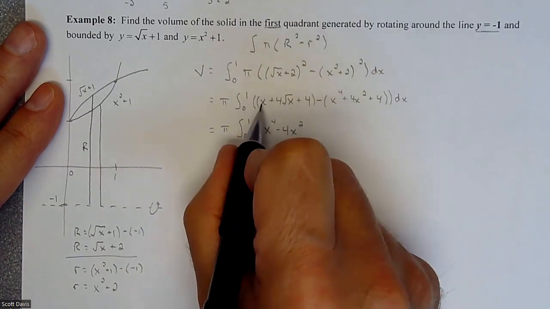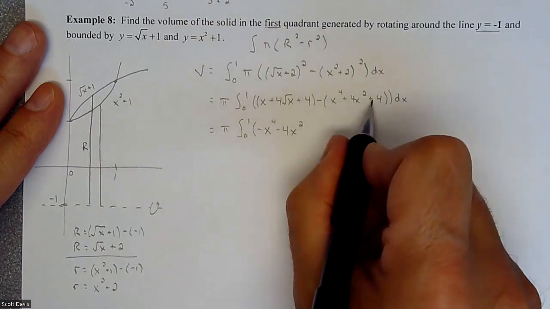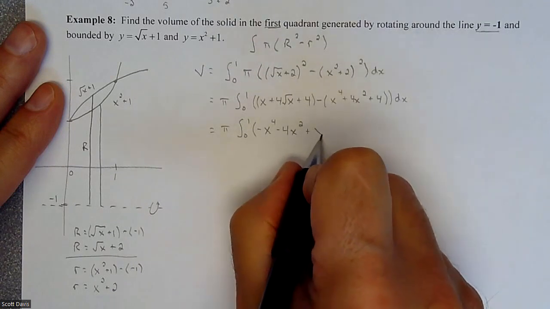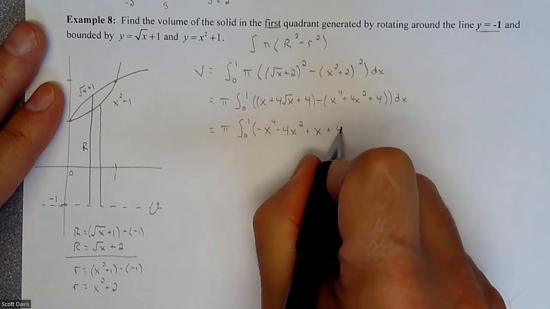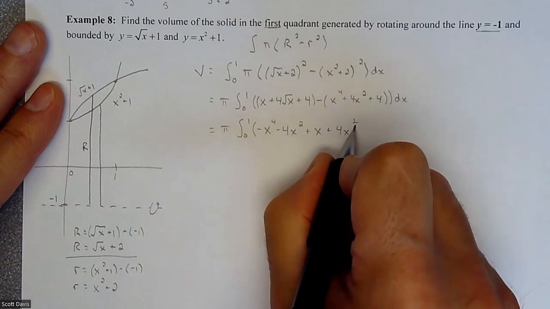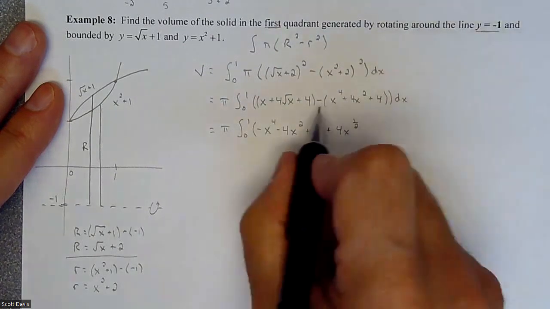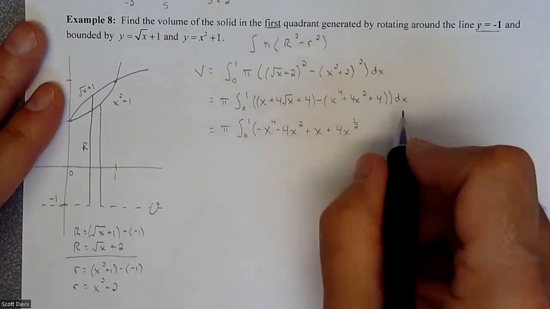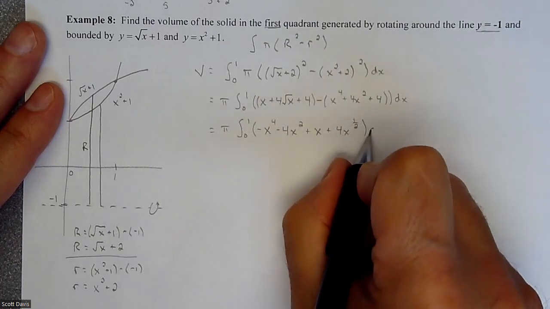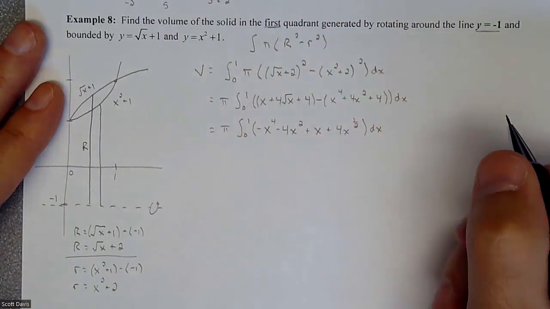And then I'd have a positive x, because it wouldn't combine with anything. I have a 4x to the 1/2 power to get it ready to do the antiderivative. And then my last would be these two, but this would be a 4 minus a 4, so that would go away.